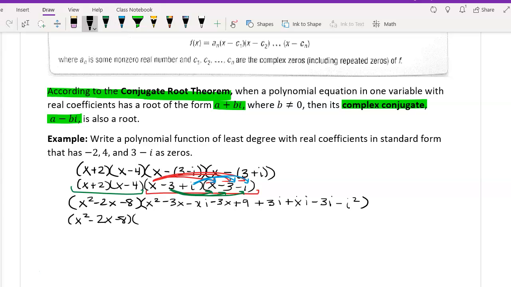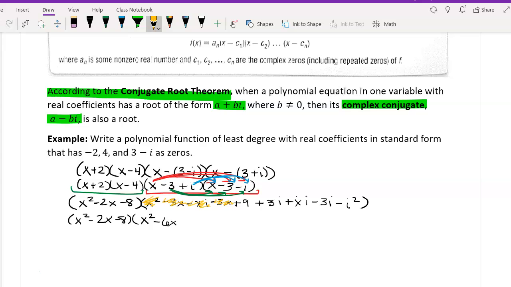All right, so let's take a look. We have x squared, no more x squared, so I'll put this down as an x squared. And I'll scribble this one out. We have a -3x and a -3x, so that gives us -6x. So I'll scribble those out. We have -xi plus xi.